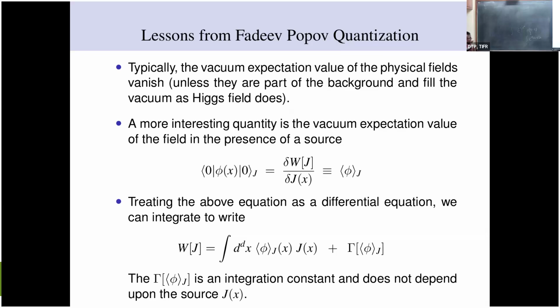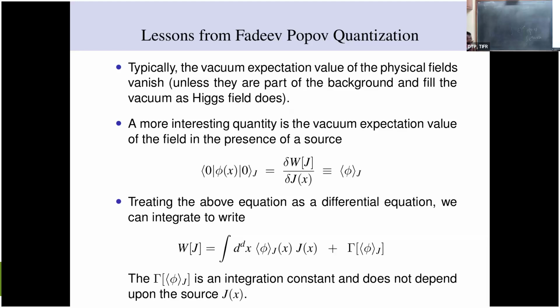But a more interesting quantity is the vacuum expectation value of the field in the presence of the source, delta W by delta J, which, let's denote by phi without the zero subscript for the vacuum. Treating this equation as a differential equation, we can formally write W of J as the integral over this expectation value of phi times J, plus gamma.